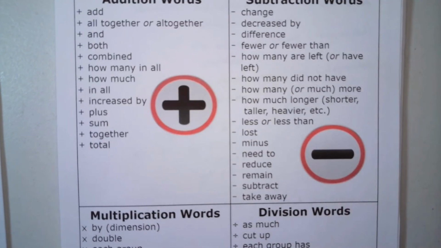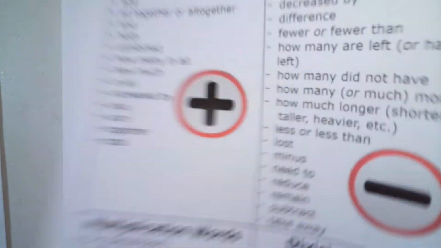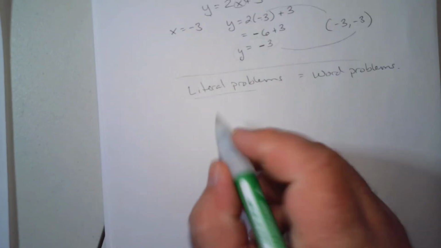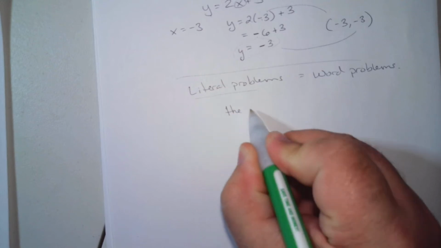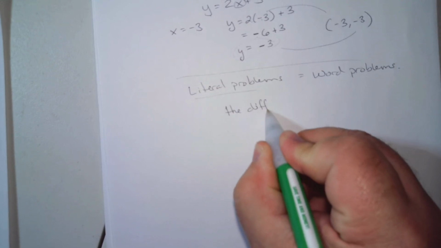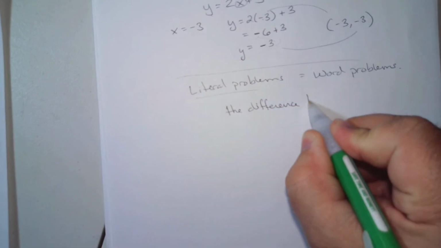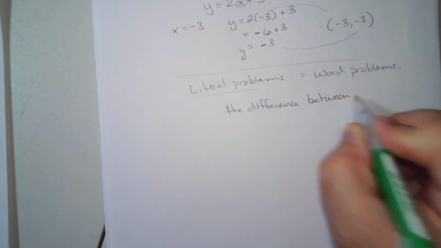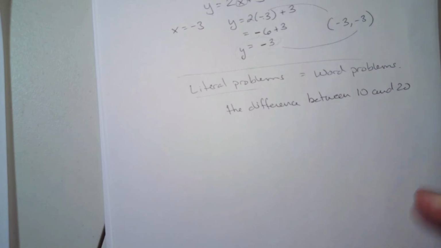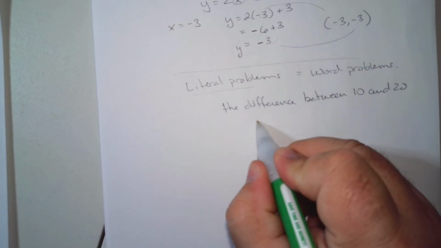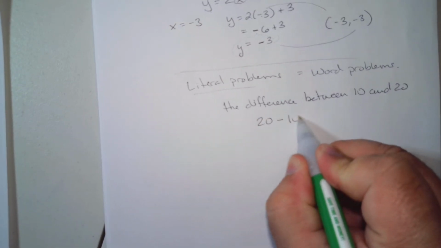So the subtraction problems are going to be the most difficult ones. The difference between 10 and 20, so we go with the bigger number minus the smaller.